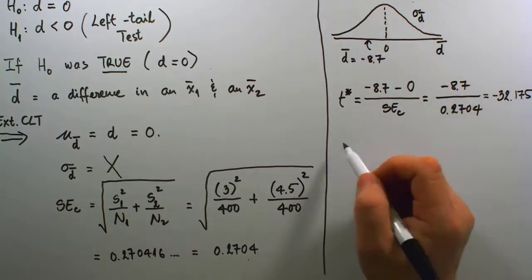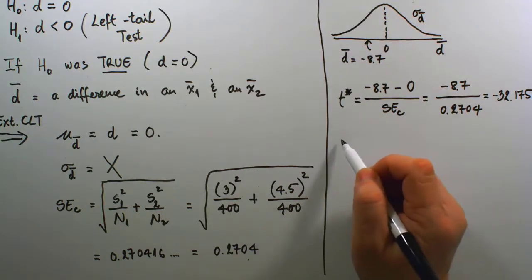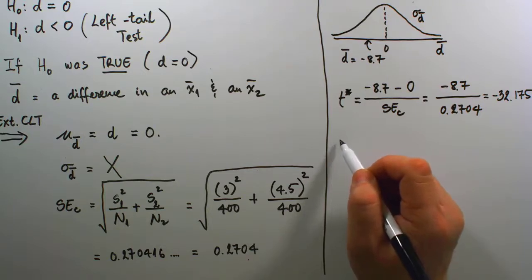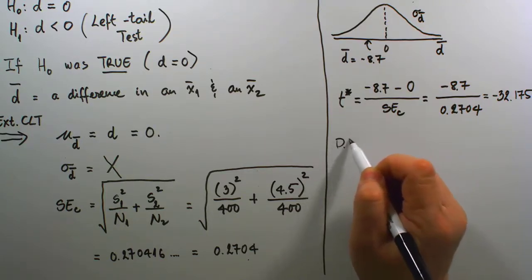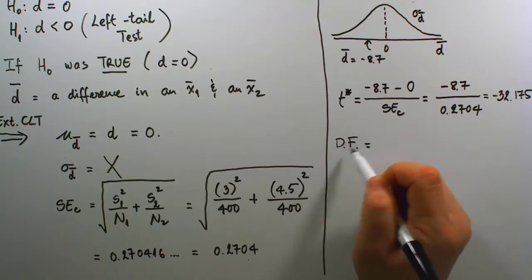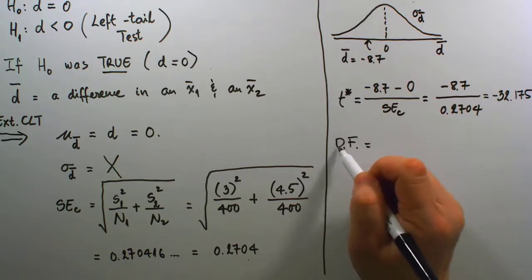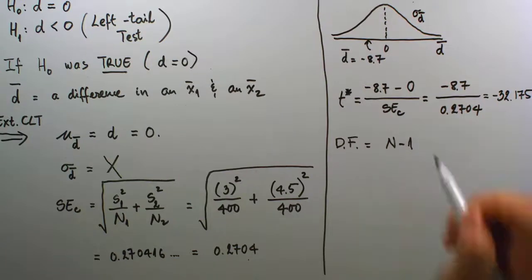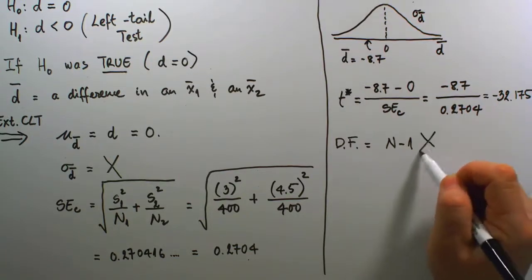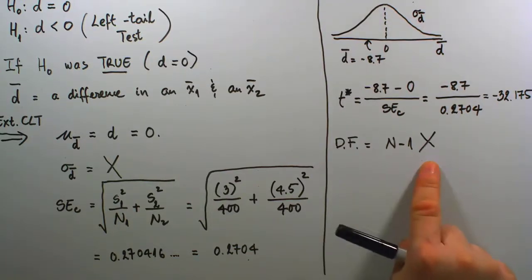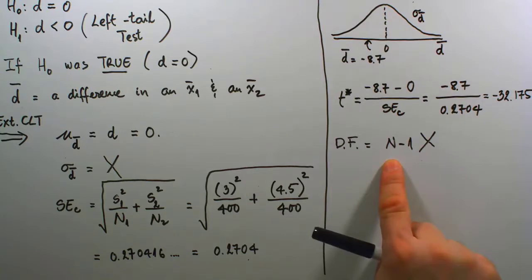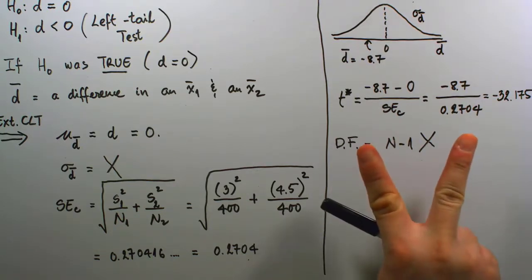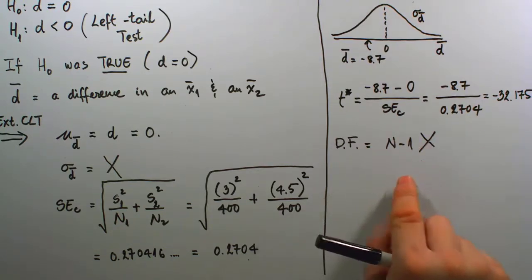Now the next step is to find the degrees of freedom for our two samples. But the difficulty now is that our degrees of freedom can no longer be n minus 1. We can no longer stick with this way of finding degrees of freedom simply because we have two different sample sizes from two separate populations. We have n1 and n2.